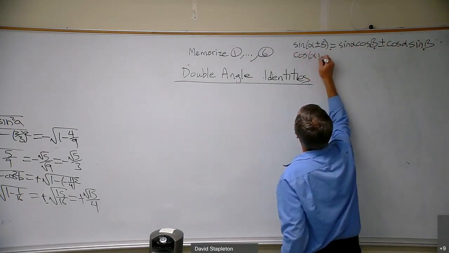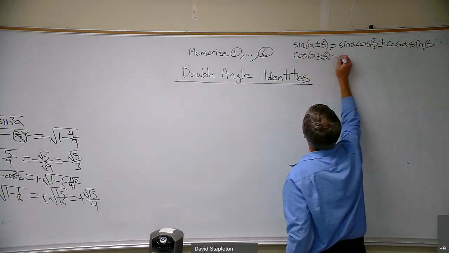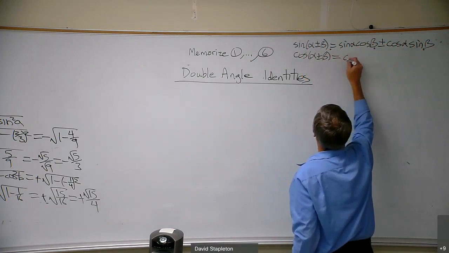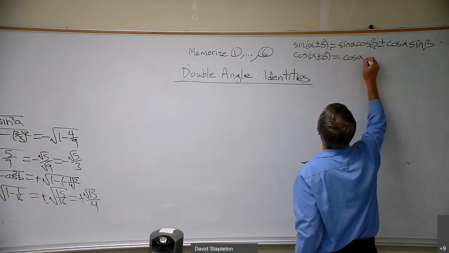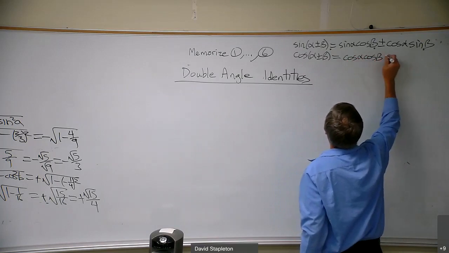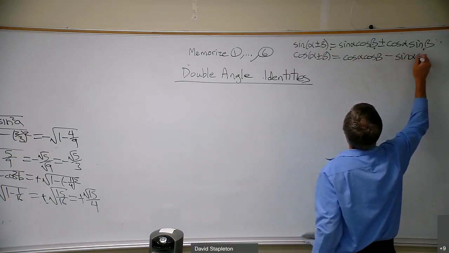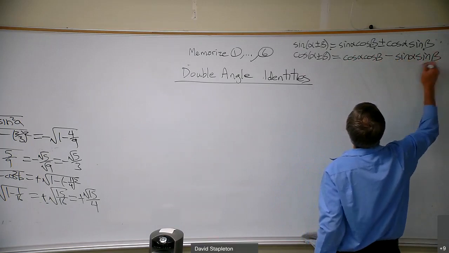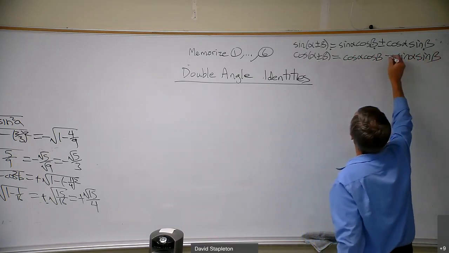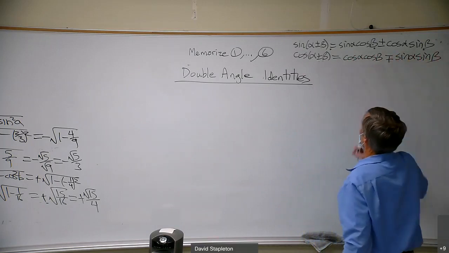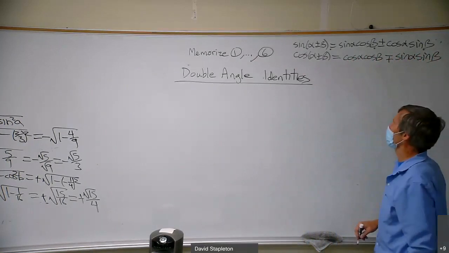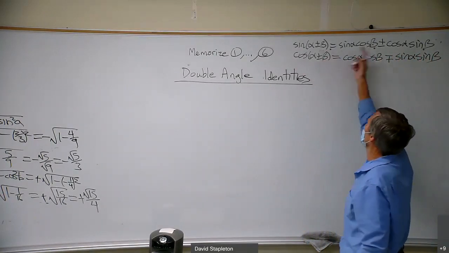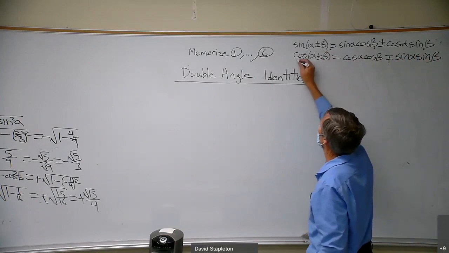Cosine alpha plus or minus beta: well, cosine alpha plus beta was cosine, cosine minus sine, sine. That was equation 3. And if we had minus, we had plus. So here's 3 and 4 together all in one. So there's really only 3 identities to memorize. Switch plus to minus and minus to plus to get the other 3.